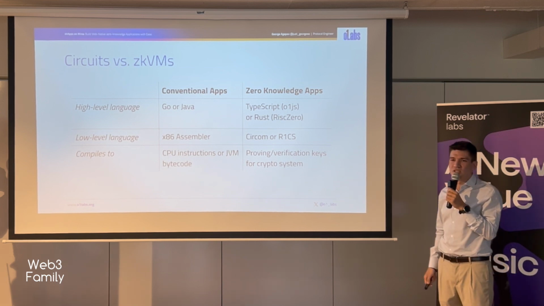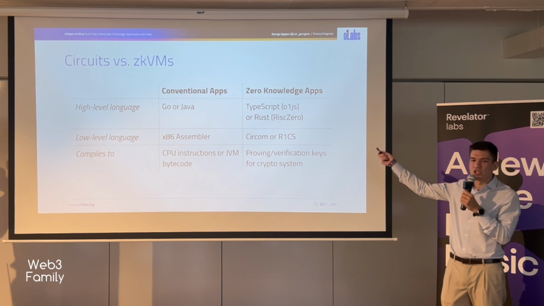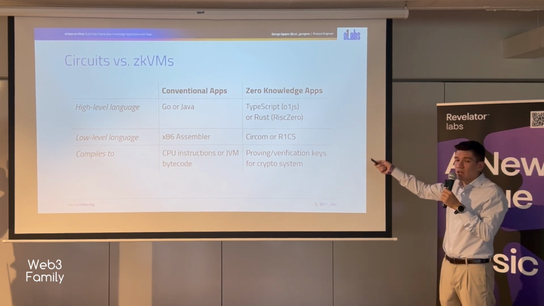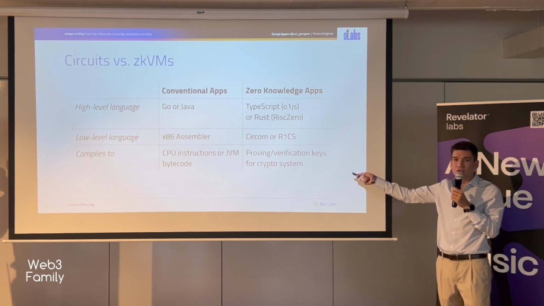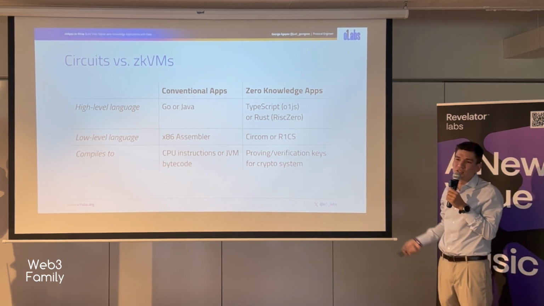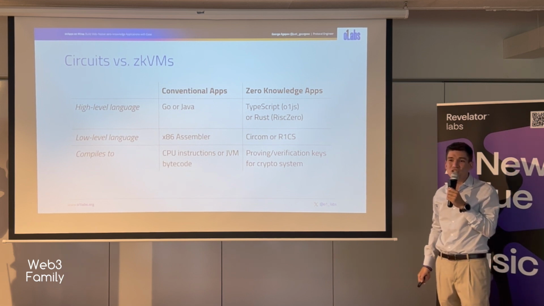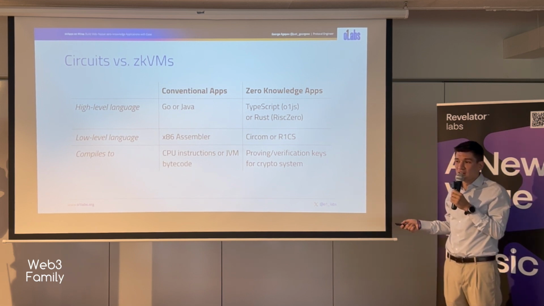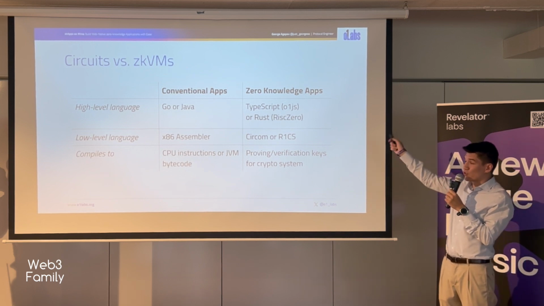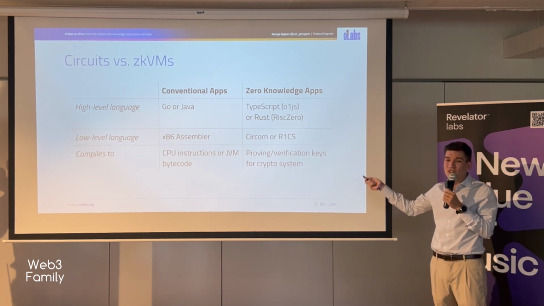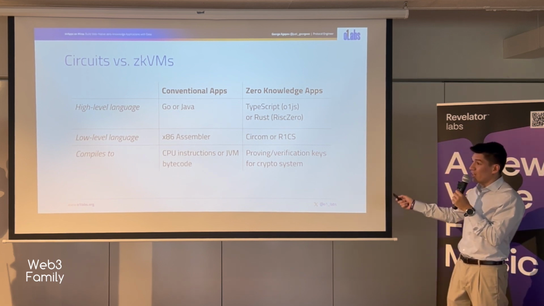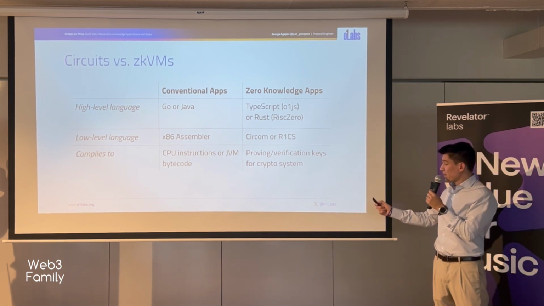You can compare it to how you have languages like Java that compile to some bytecode that is being run by a VM, or you can have Go, which compiles directly to processor instructions. For the end users, it most of the time doesn't matter much, but it's just a very curious technical choice. And honestly, I am very curious to see how it worked out for other teams who chose a different approach. But we have our circuits, and it's also very interesting how far we go with this approach.